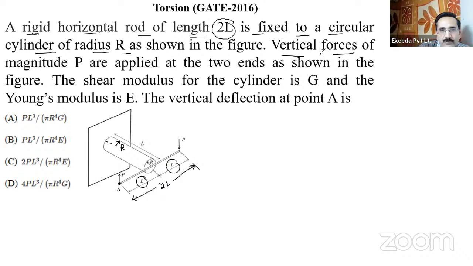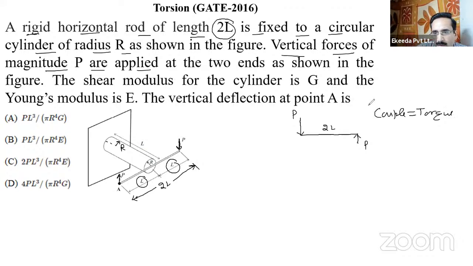And vertical forces of magnitude P are applied. Vertical forces are applied, right? It means it is forming a couple, and this couple will produce a torque on the shaft, right? When the load is applied in this way, this is 2L and this is P, so it becomes a couple, and it will produce torque on the shaft.